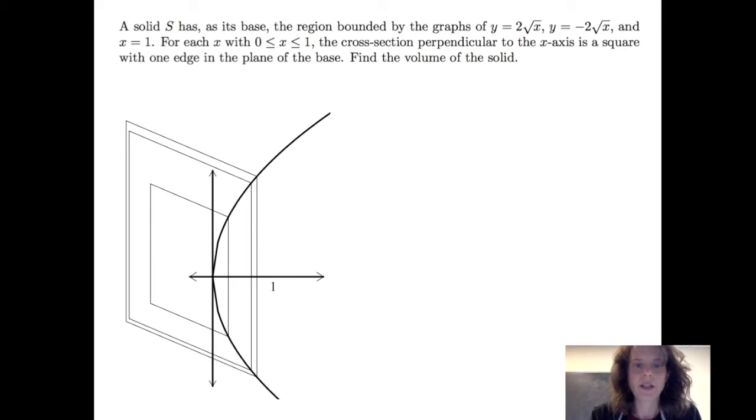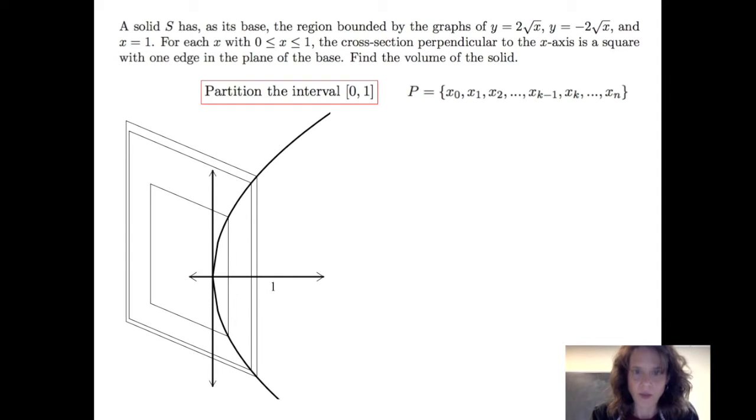So now let's take a look at how we actually go about finding the volume of the solid. The very first thing that we want to do is consider the partition of the interval. And since we're taking cross sections that are perpendicular to the x-axis, we are going to partition the interval from 0 to 1 along the x-axis. So our partition is x sub 0, x sub 1, x sub 2, up through x sub k minus 1, x sub k, and then on up to x sub n.